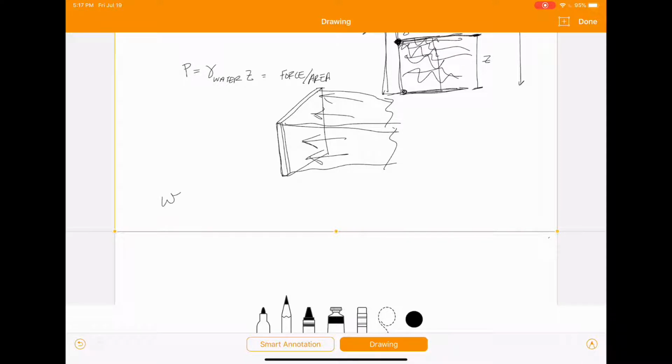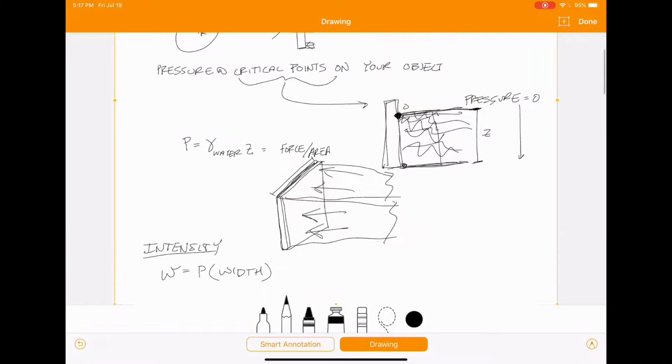So we're going to call that our intensity function, which is denoted by omega. And that's going to be equal to your pressure force times the width of your object. So in that case, the width of our gate is going to be that distance there.